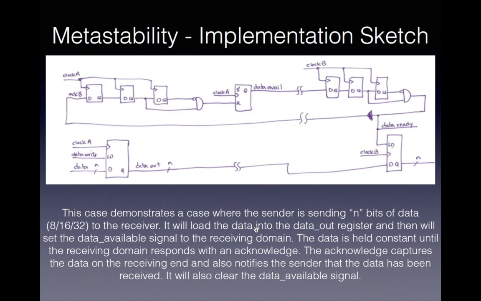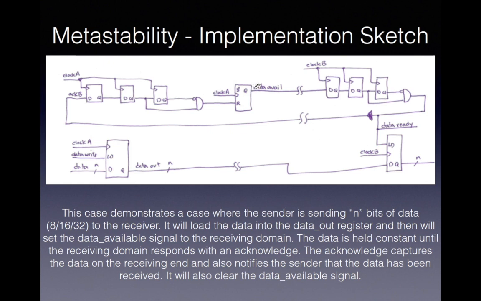So here is a little sketch that I put together. On the bottom half, we have a system that needs to communicate data to another system in a different clock domain. I say n bits, it could be 8, 16, 32, 64. The sending domain writes the data to the data register, then sets the data available.